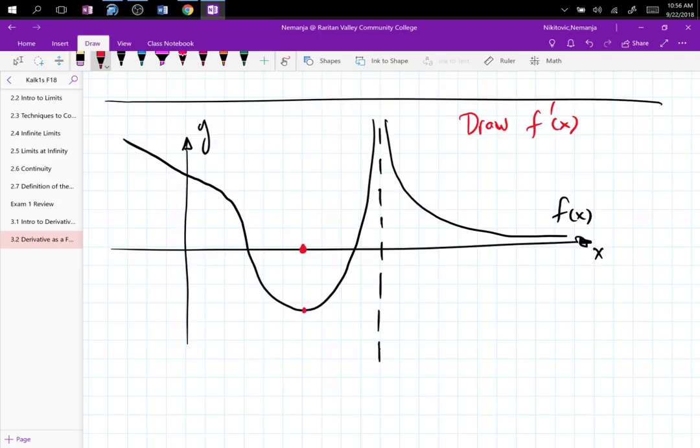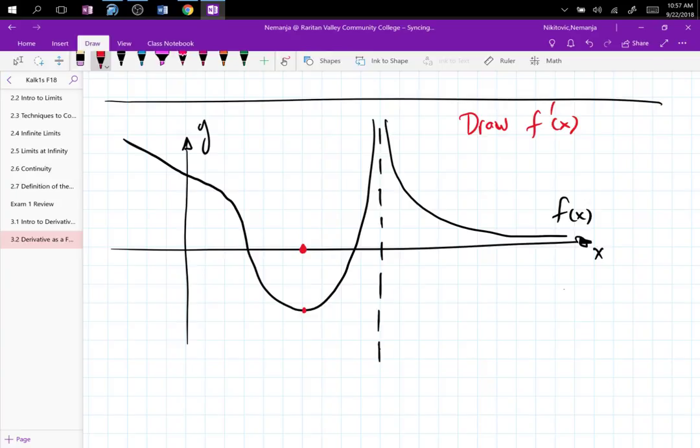Now we say, what is happening to the left of this 0? Well, if you look at the black line to the left of the red line, you will see that the function is decreasing. What does it mean for the derivative? Yes, the derivative is below.